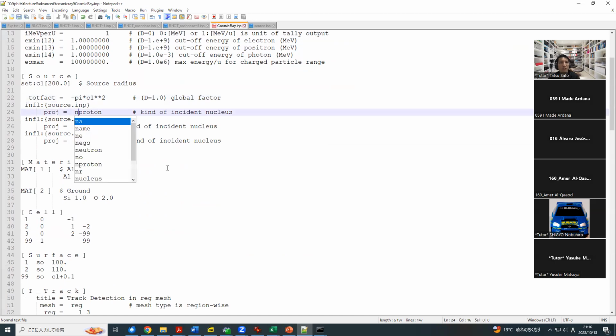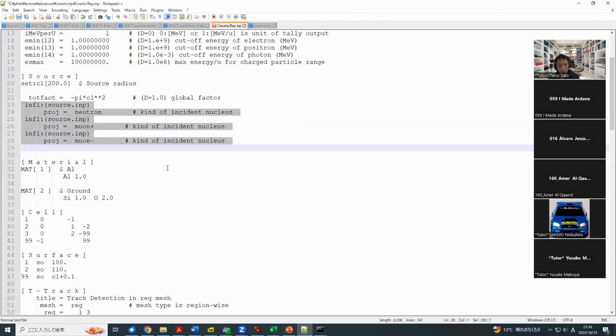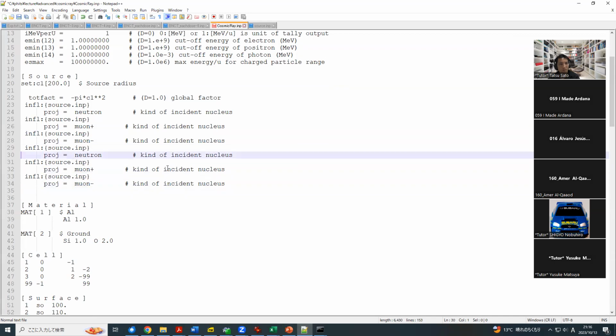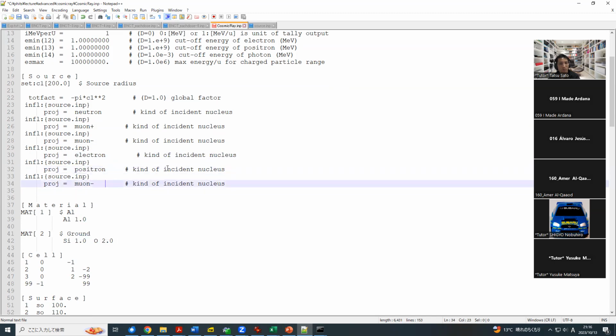Change to neutron, muon plus, muon minus, copy and paste again, and electron, positron, and photon.